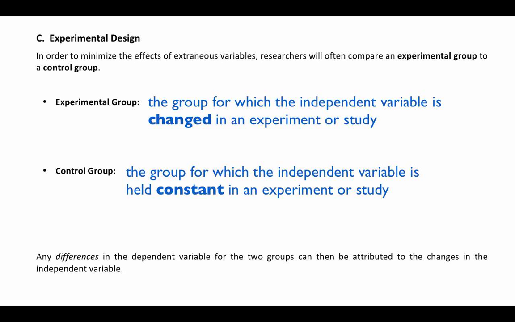We use them to check and see if the changes in X did cause the changes in Y as predicted. If we compare these two groups, and there are changes in the experimental group, and there are not changes in the control group, and everything else has been taken into consideration, then we can say that the difference between outcomes is related to the administration of the independent variable.